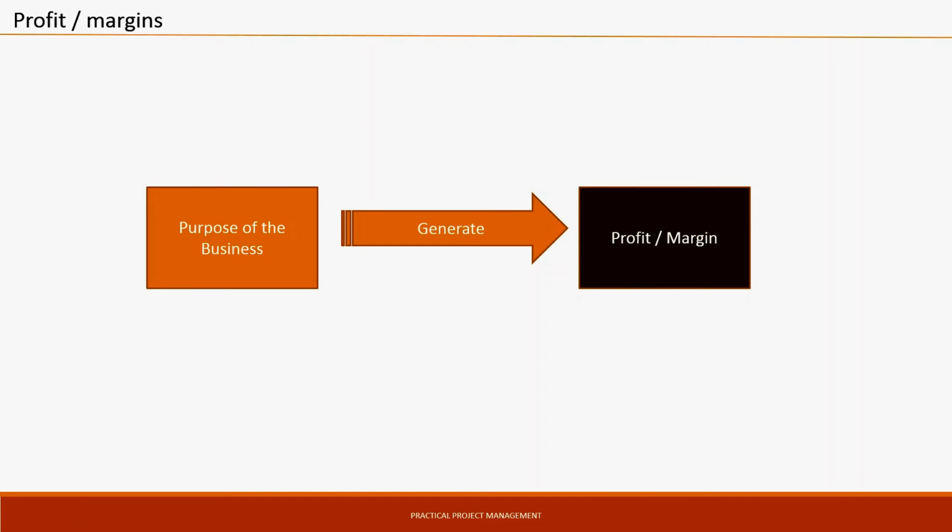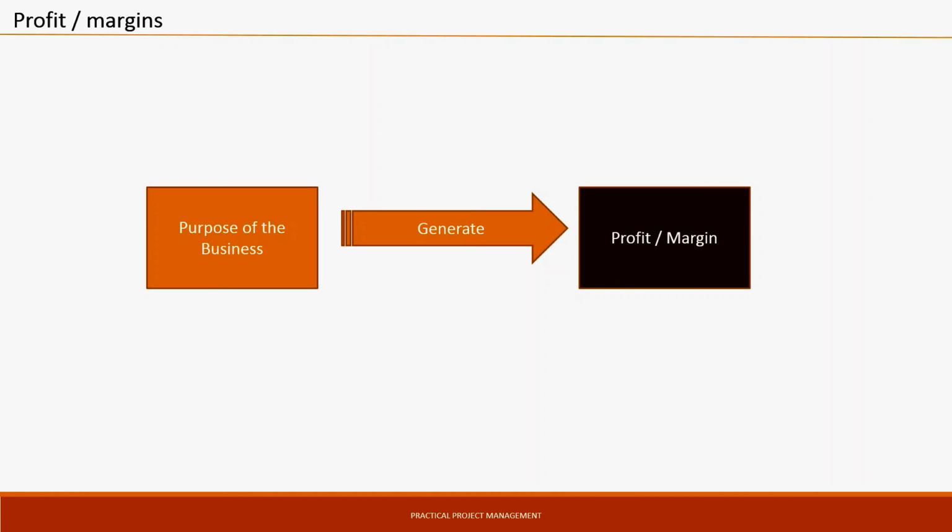So let's kickstart this session by understanding the purpose of business. Every business exists to generate profit or margin. When you call it a business, it is not a charity where you provide all your services just for the sake of charity or without gaining anything out of it.